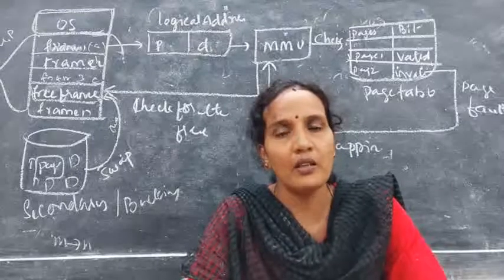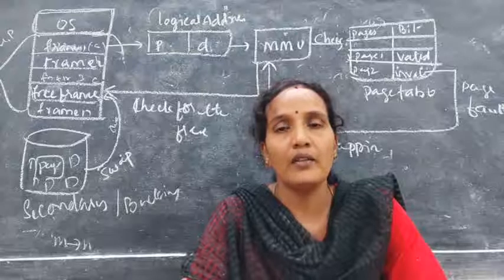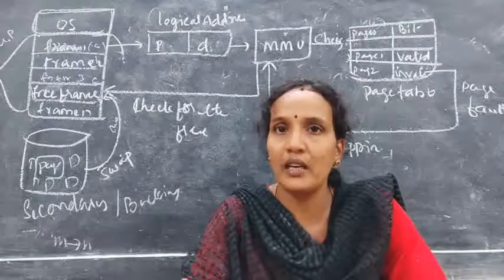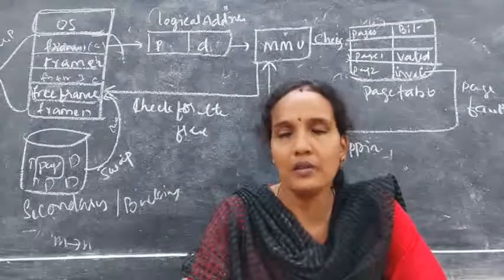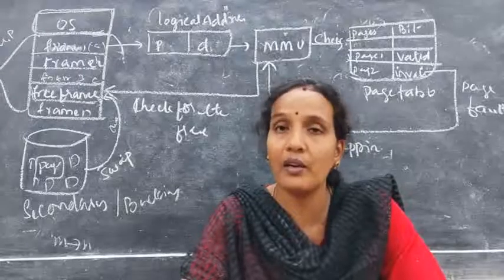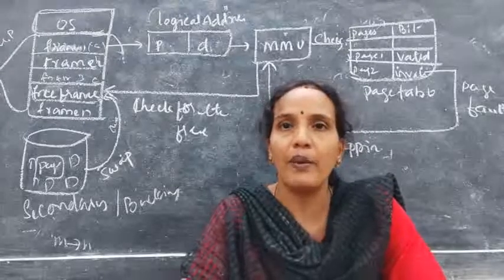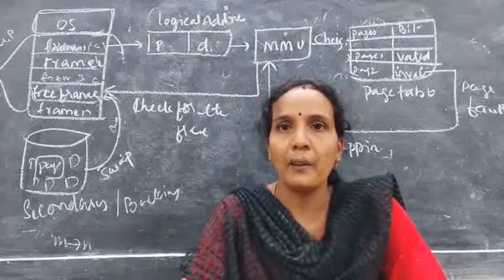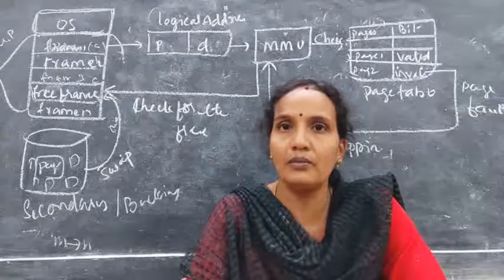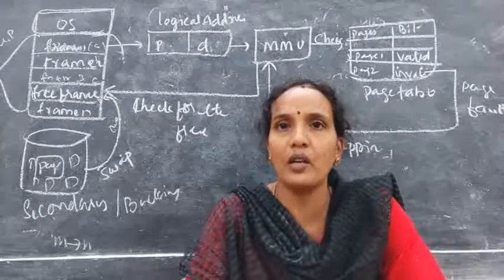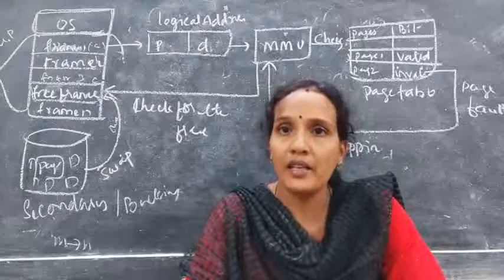In the virtual memory concept, we are providing an illusion to the user that we have only a small main memory, but we can execute a big program, a program whose size is more than the main memory. How is it executing?